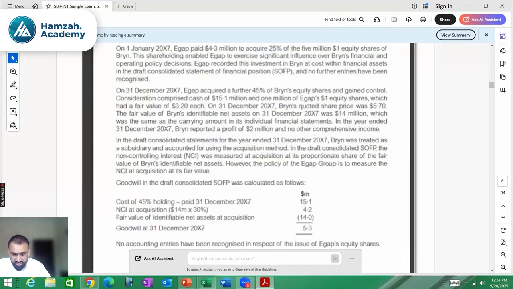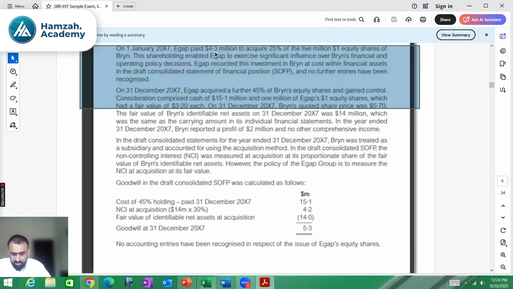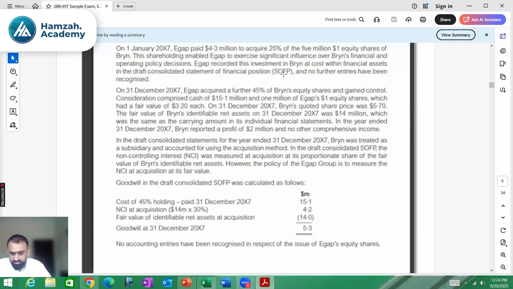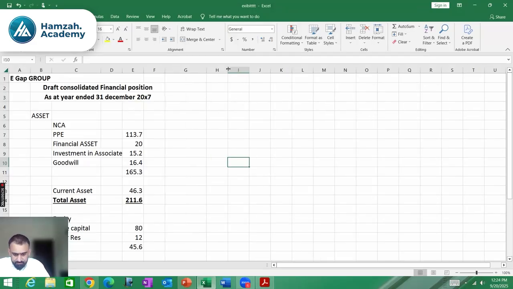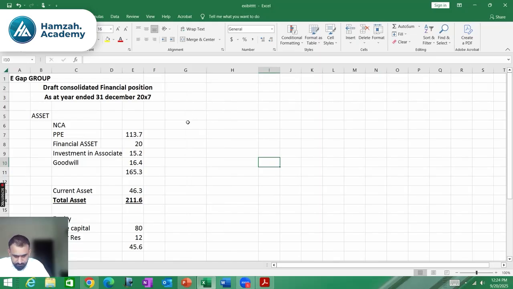Let me show you again. You have invested 4.3 million and you have a 25% share, and the profit for the year was 2 million. So how will I adjust this information here? Look here. The associate company we have recorded as a financial asset.